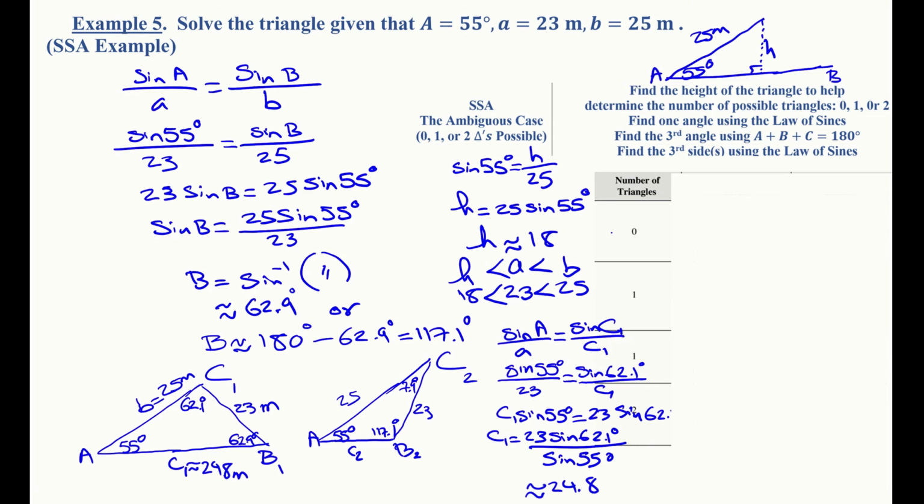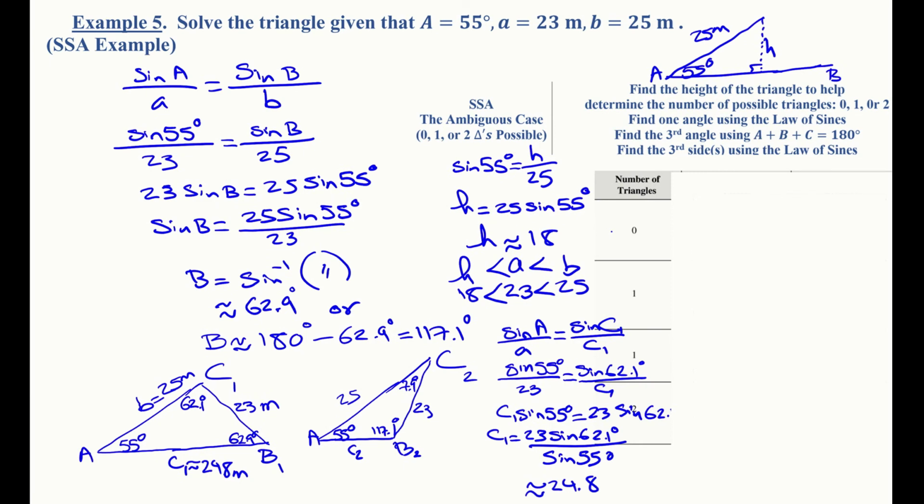All right, so sine A over A equals sine C2 over C2, and we plug in now, so sine of 55 degrees over 23 equals sine of 7.9 degrees this time over C2.